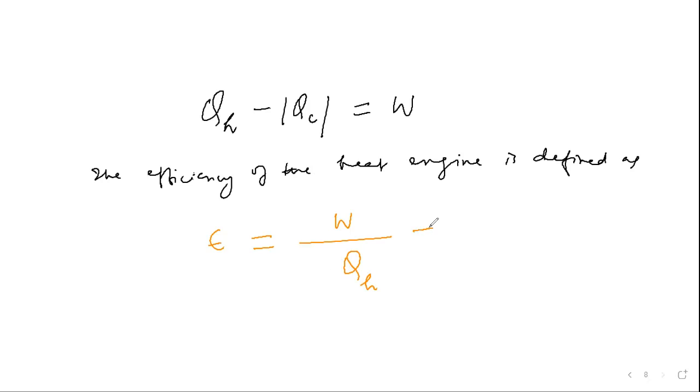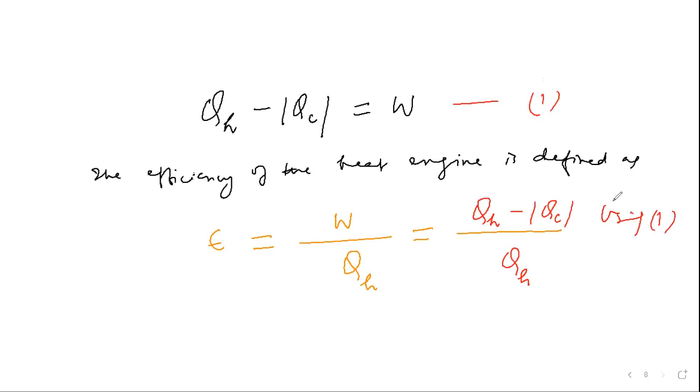I can replace W by what? I can replace W by QH minus mod QC. It will be first, then I have downstairs QH, so I'm using first. I use it first here.